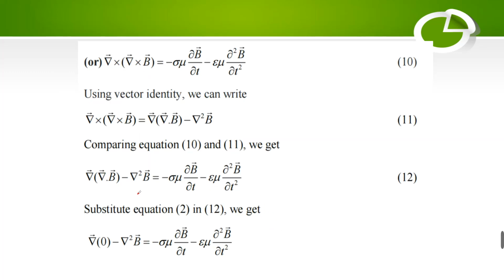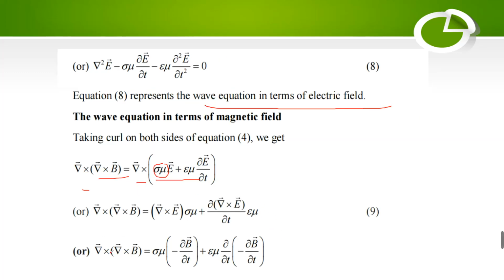So del cross B vector is equal to sigma mu into del cross E vector, which is what?